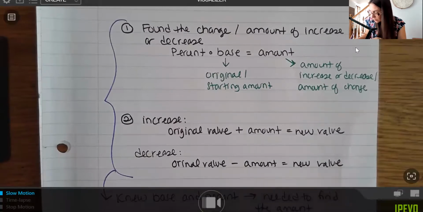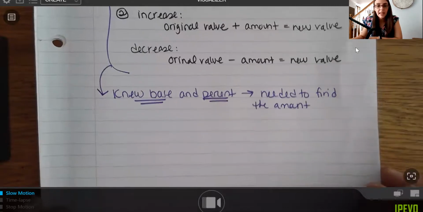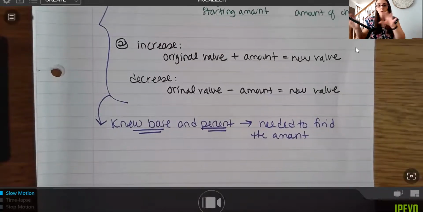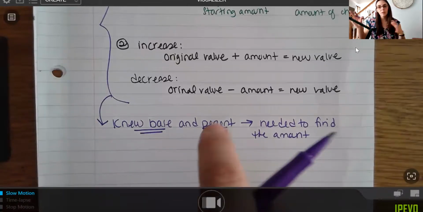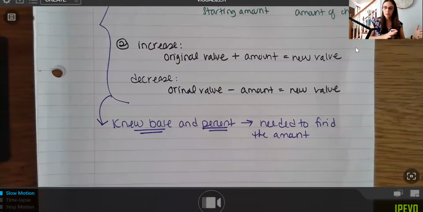Okay, so it is important. There's a couple of different ways to do percent increase and decrease problems, and it depends on what you know. So for this particular example we just did last time, and this is a pretty common style to do, we knew the base and we knew the percent. So we knew the original value and we knew the percent, and we needed to find the amount.